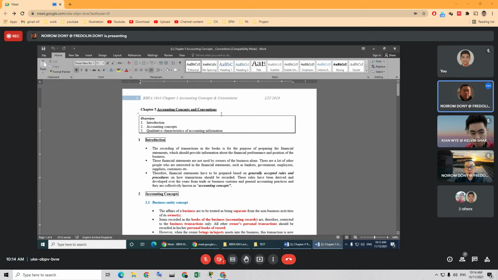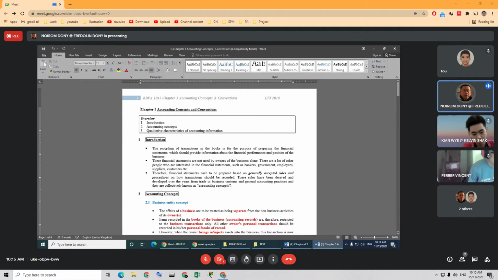The recording of transactions in the books is for the purpose of preparing a financial statement, which should provide information about the financial performance and position of the business. When you see financial statement here, we are referring to the statement of profit or loss and the statement of financial position.